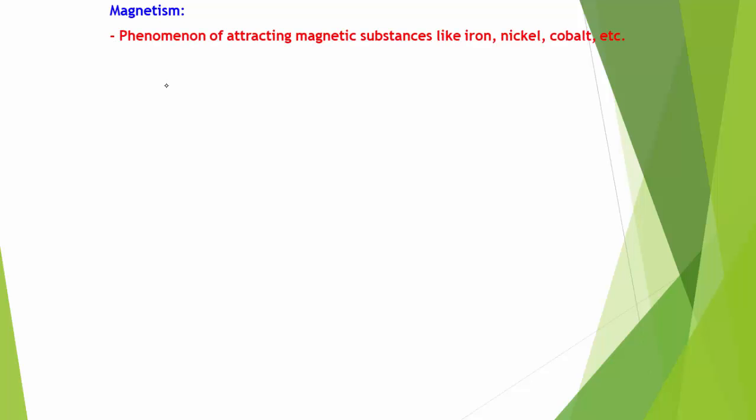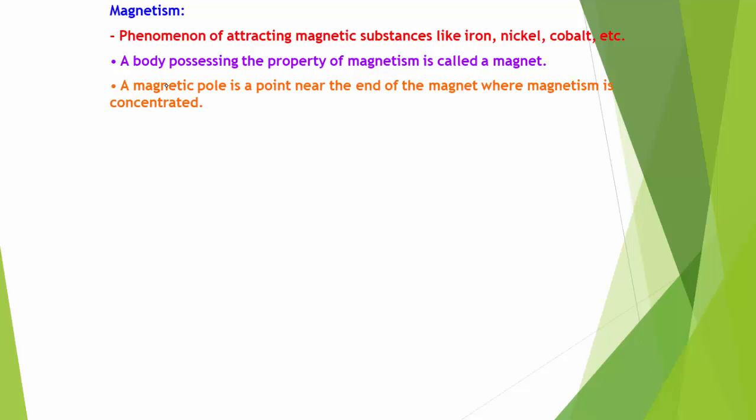Magnetism is the phenomenon of attracting magnetic substances like iron, nickel, and cobalt. The material which has the attractive property and directive property is called a magnet, or a body possessing the property of magnetism is called a magnet, and it has two poles.